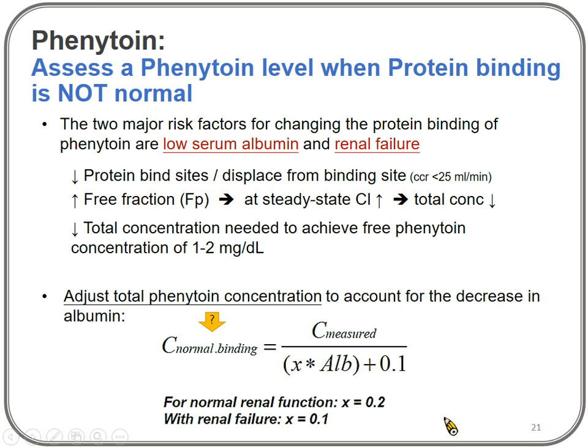If the patient has renal failure status, then it is 0.1. So this is the calibration equation to get the normal situation of protein binding, to get the calibrated concentration of the total form. Oftentimes after this calibration, the adjusted total concentration level would go up, would increase compared to the measured total concentration.